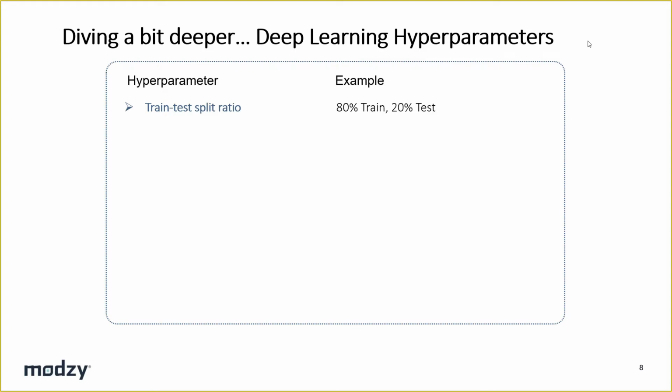Very commonly across the industry, you'll see an 80-20 split, where 80% will be your train set that will be passed through in every training iteration, and then 20% that test or validation.